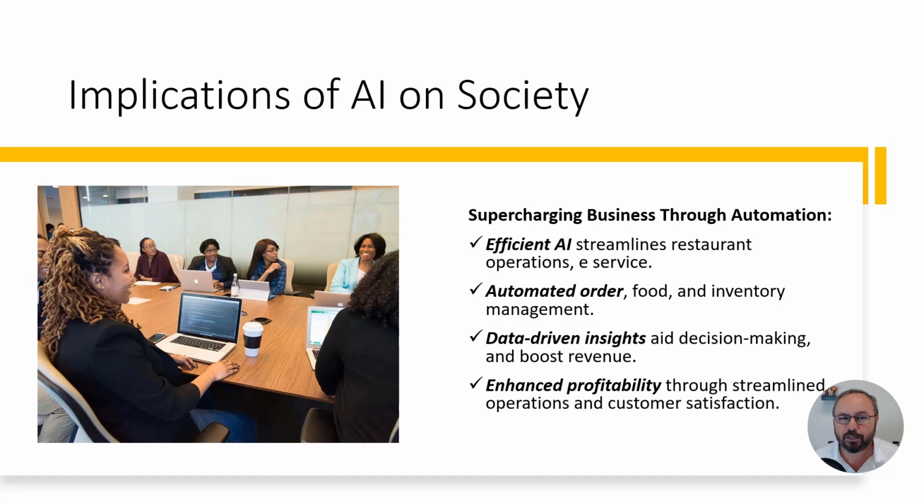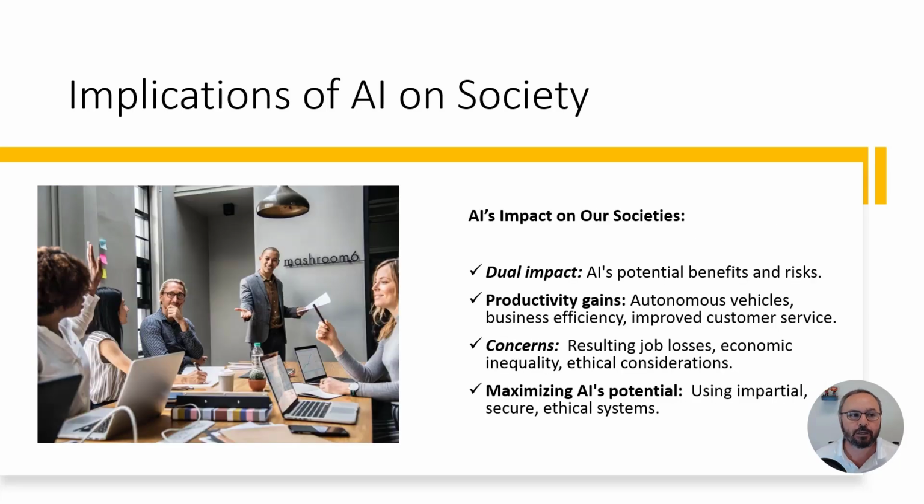Now, what about society? So we know that businesses are looking for creating efficiency, for creating new roles or reducing roles. But with society, it's a little different. When it comes to AI, it could have multiple impacts around productivity. So, as an example, we have autonomous vehicles, the ability to drive down the road and not actually drive is a big deal.